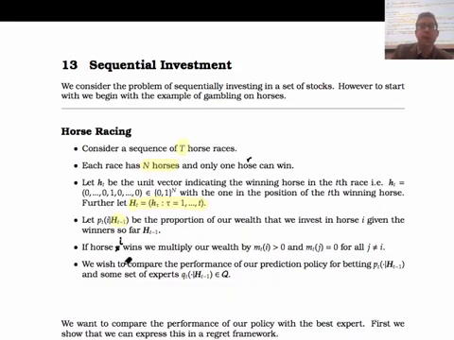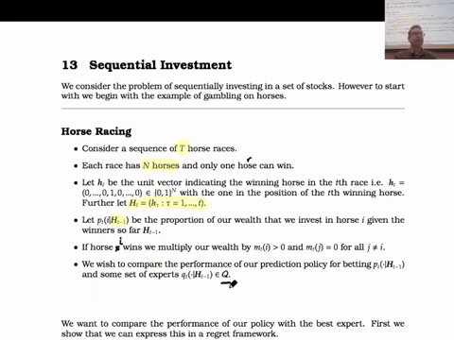So we wish to compare the performance of our prediction policy, P_t, with some set of experts, Q_t. So we can imagine that there's some set, script Q, a sort of pool of people, so maybe some people have gone behind and had a look at the teeth of the horse and all the rest of it, and they've come up with an opinion about who's going to win and who's not going to win at each race.